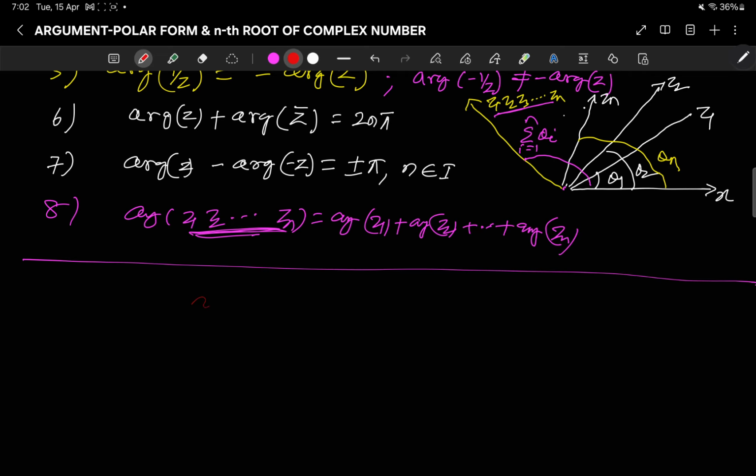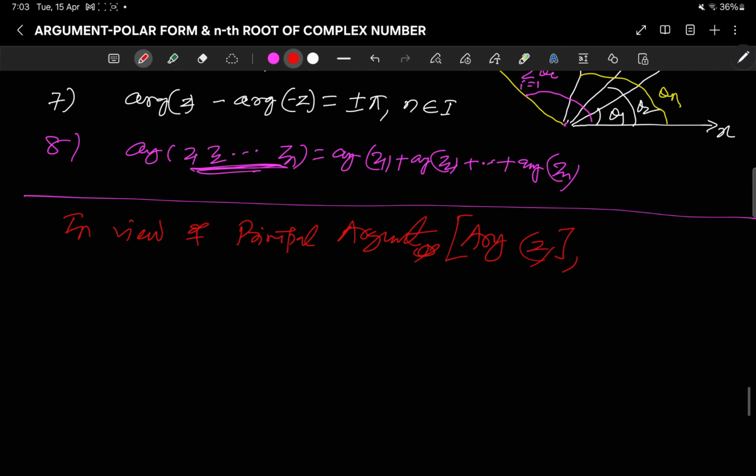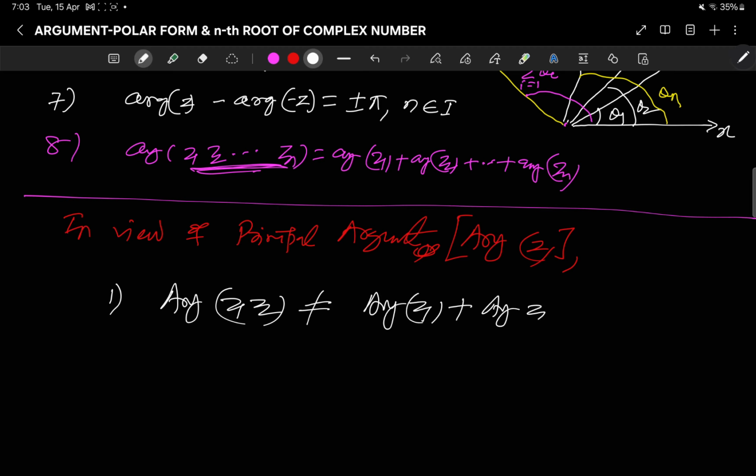However, in view of the principal argument, we see that Arg z1 z2 is not equal, in general, to Arg z1 plus Arg z2.